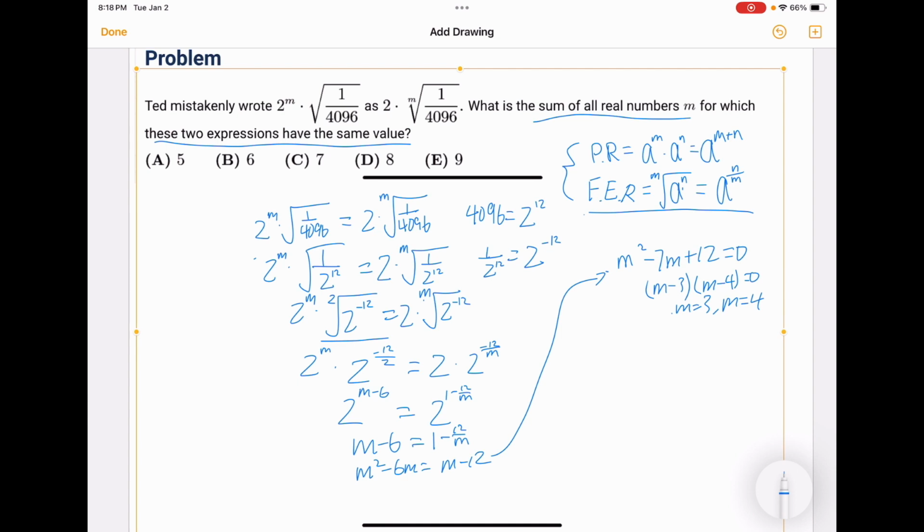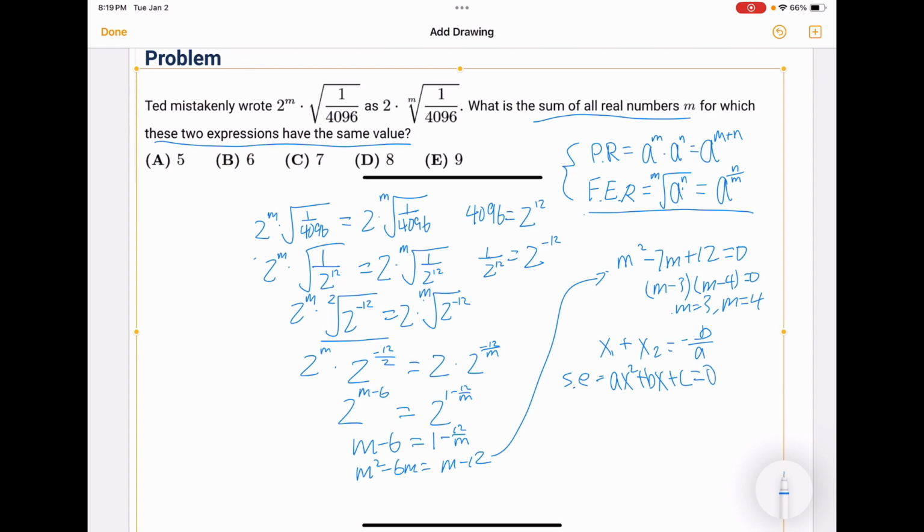The second way to do this is by using the property of the roots, and that states for any two roots in a quadratic equation, x1 and x2, the sum of that equals negative b over a. The b and a stand for the constants in the standard quadratic equation, ax squared plus bx plus c equals 0.